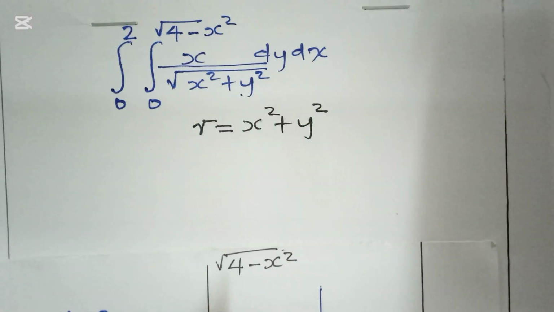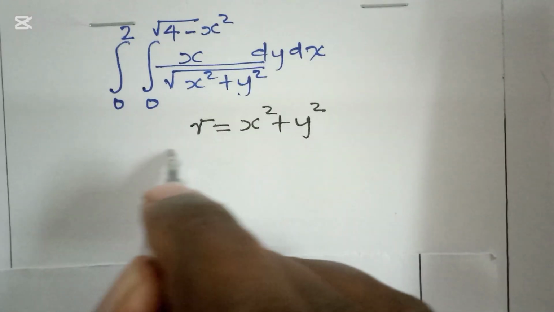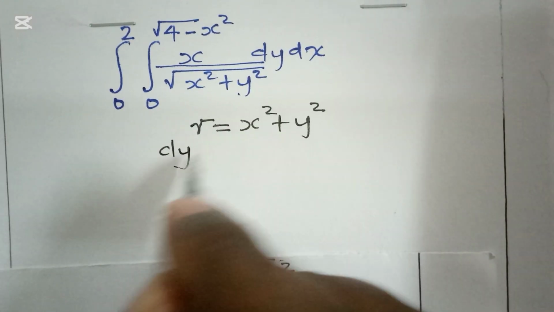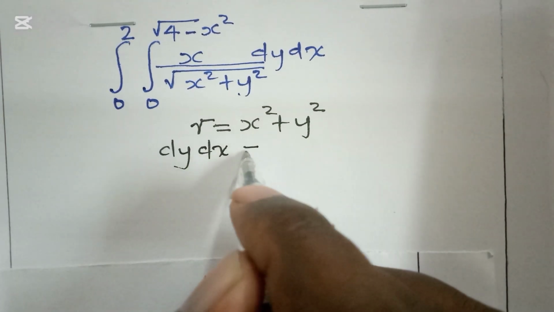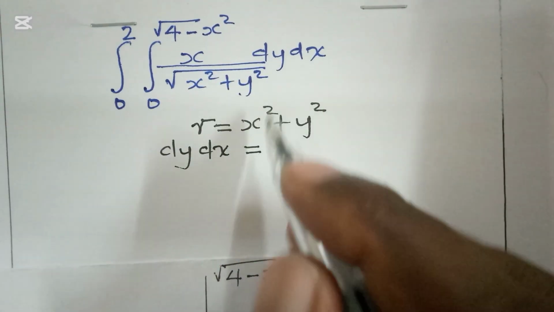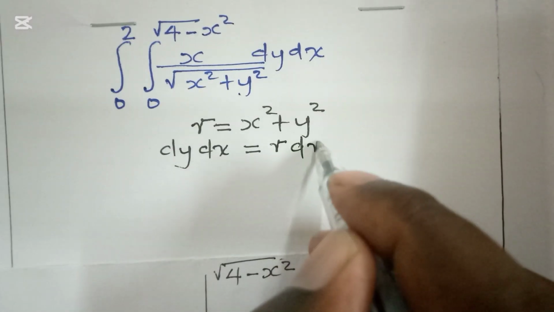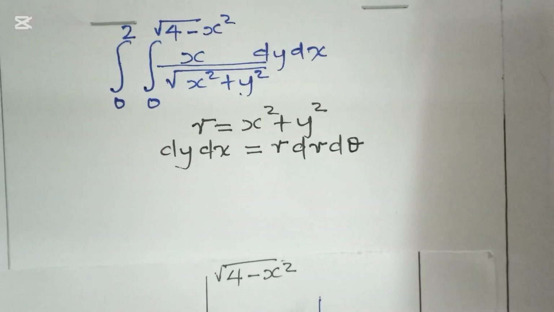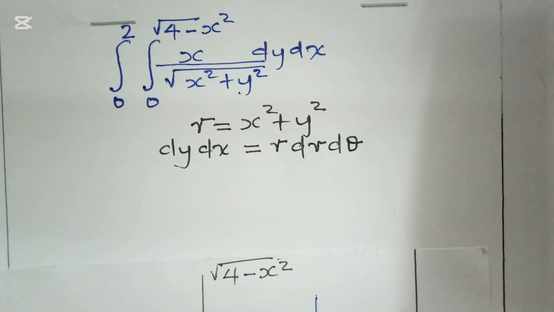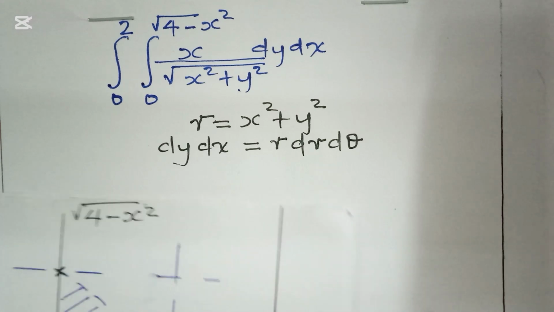Then also dy dx, in polar form, is going to be r dr d theta. That is our dy dx. And so we now can change this equation into that format.